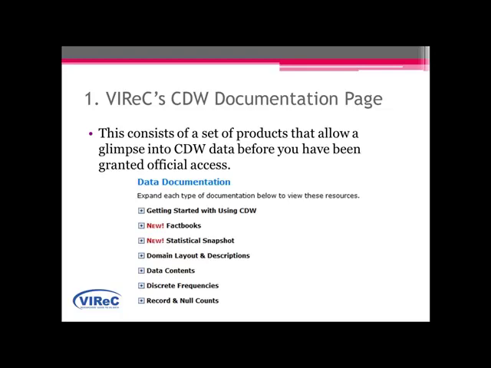Obviously, we are still working on this set of fact books, and it only includes some domains, as you'll see in a second. The third one is a new series called Statistical Snapshots, and we have the first statistical snapshot in there. We'll take a quick look at it. And then you see domain layout and domain descriptions, and then following that, what we refer to as sets of data summary tables. So we'll go through that, and we'll start with fact books.